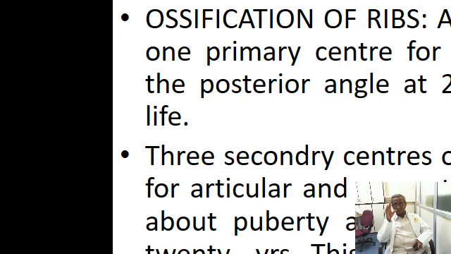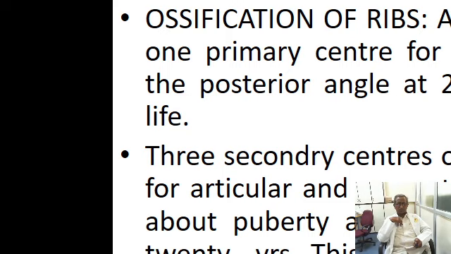Three secondary centers: one for the head, and one each for the articular and non-articular parts of the tubercle. They appear at puberty and fuse with the rest of the bone after 20 years. This is for all except the first and last two ribs.